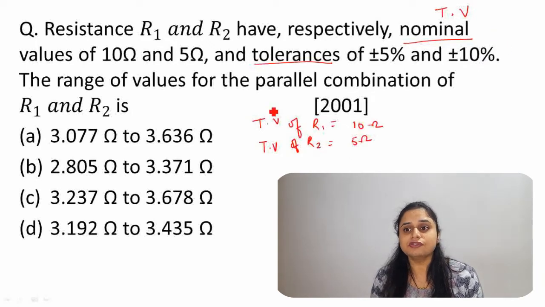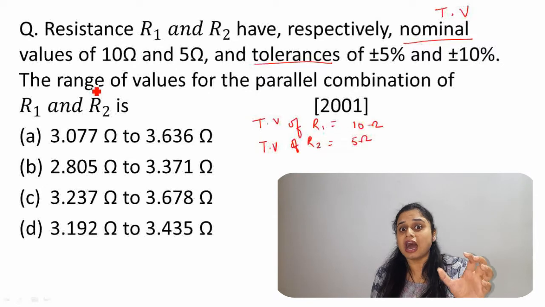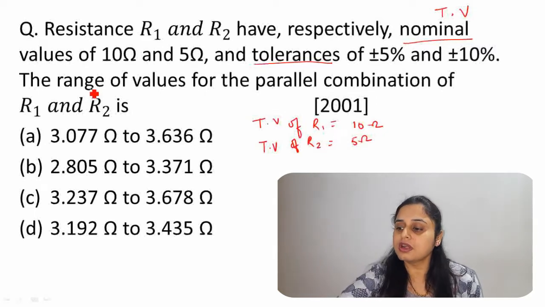What we have to find? We have to find out the range of values for the parallel combination of R1 and R2. First of all, for finding the parallel combination of R1 and R2, we have to find out the range for R1 and R2 individually. Clear? For that, what is the formula for range?